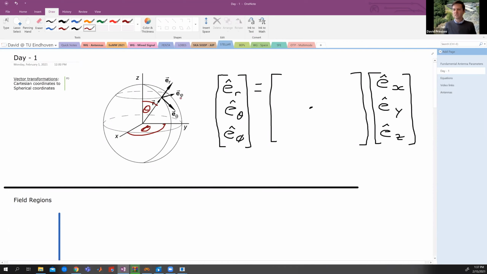Before I move on, to summarize again, for example, if theta is 0 and phi is equal to 0, then the theta component would be directed parallel to the x-axis, the phi component would be directed parallel to the y-axis, and of course, the radial component will be collinear with the z-axis.